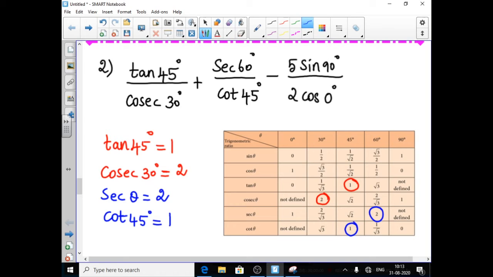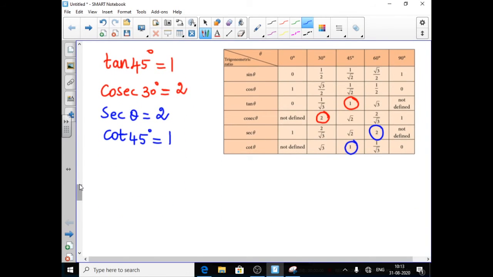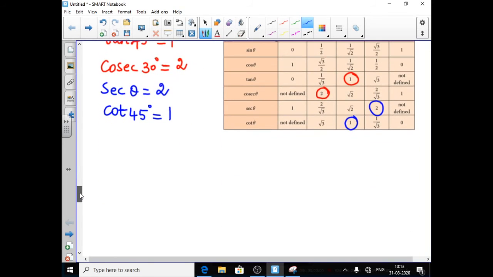Okay, then another value is what? Sin 90 and cos 0.